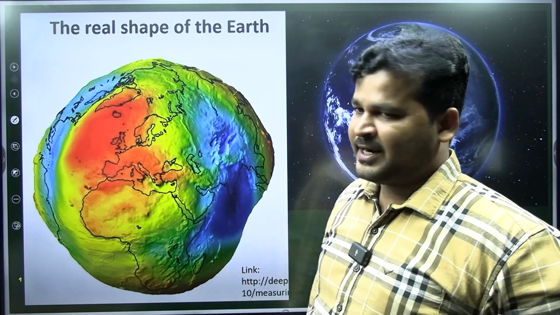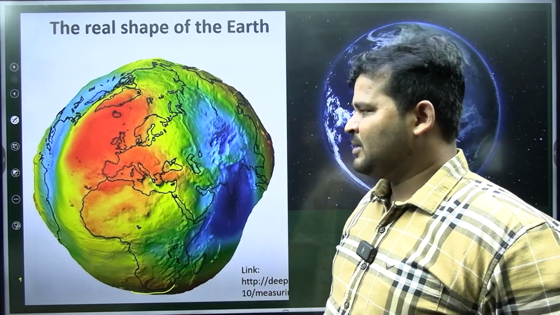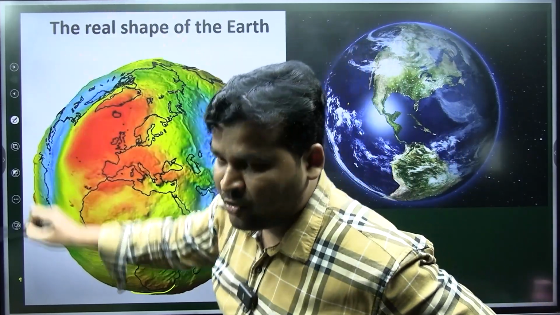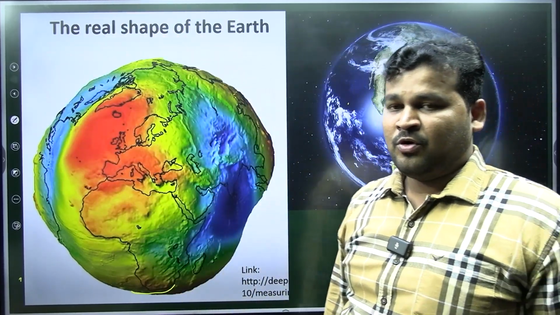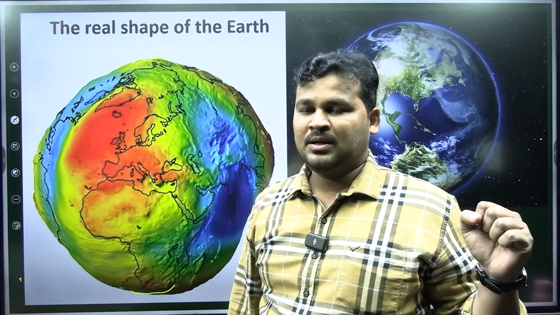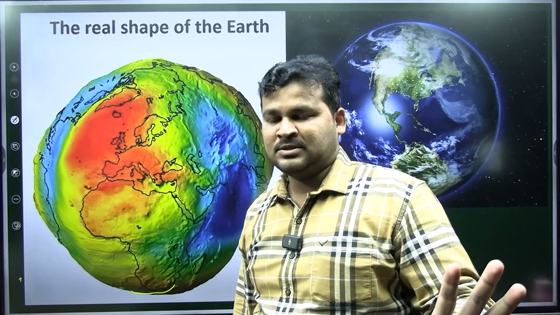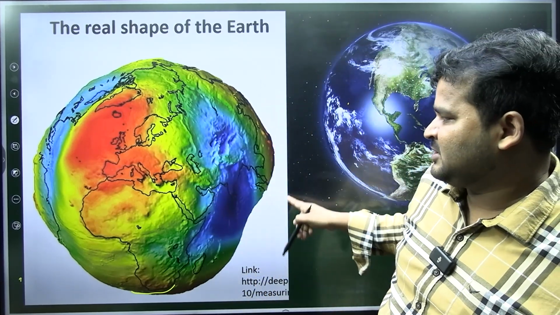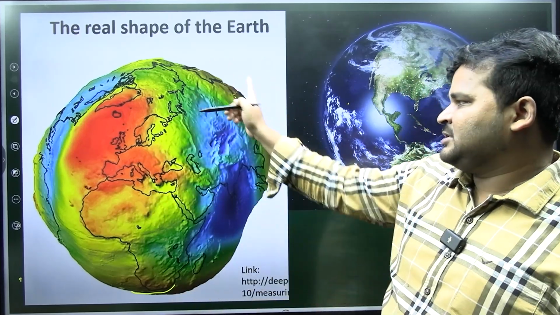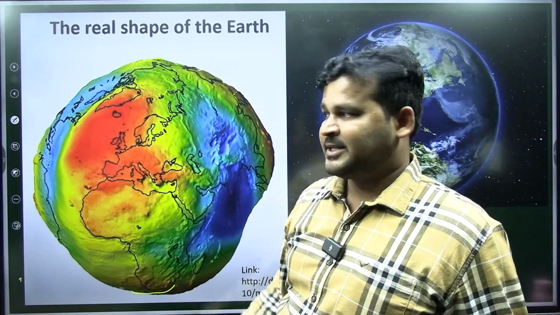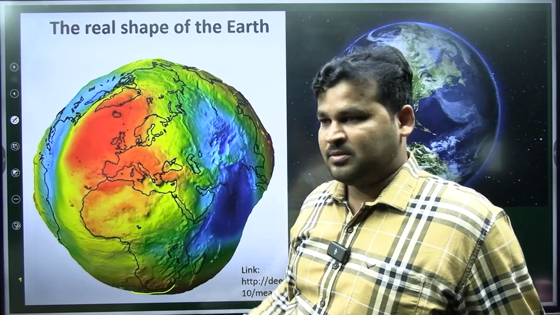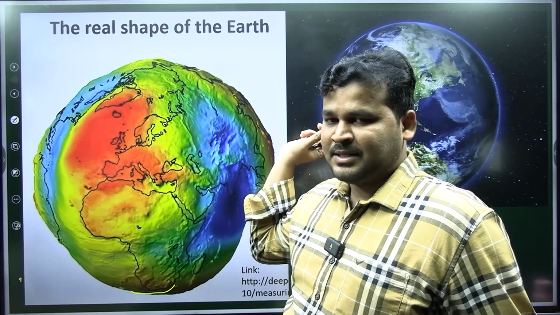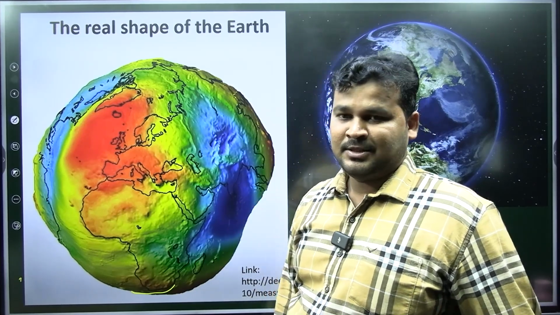You can find the flattened poles, and the shape is like this. This shape is known as geoid. No other body in the universe is regarded as geoid, only earth. This is the realistic shape of the earth, but for our convenience we consider it spherical.